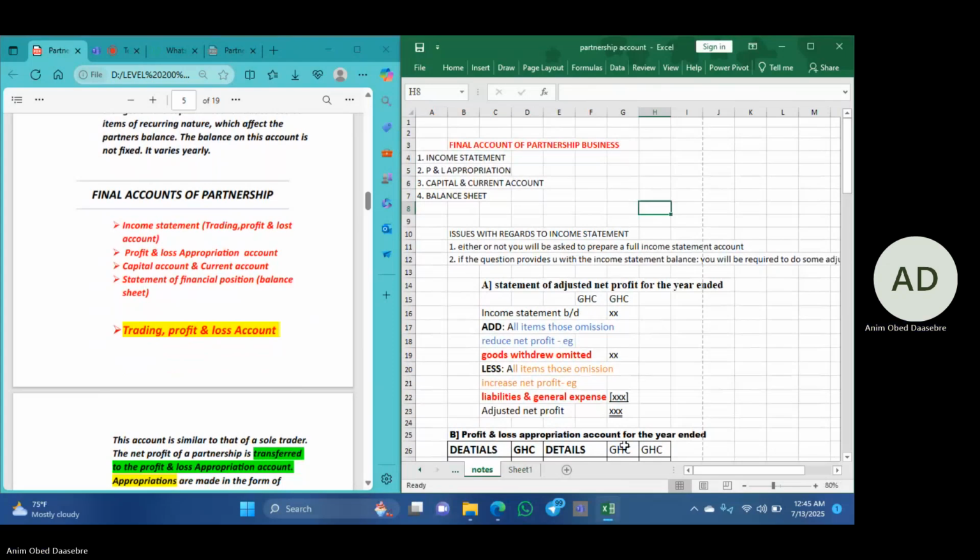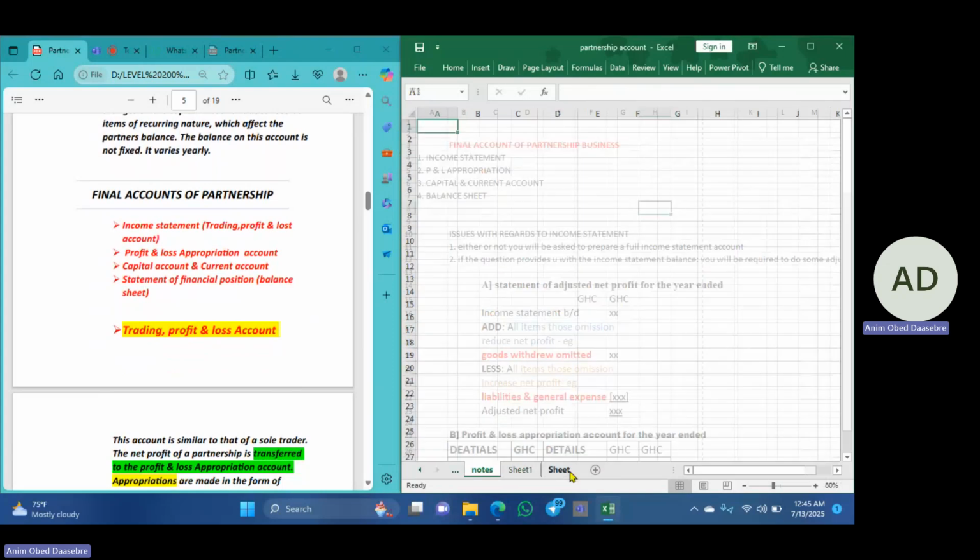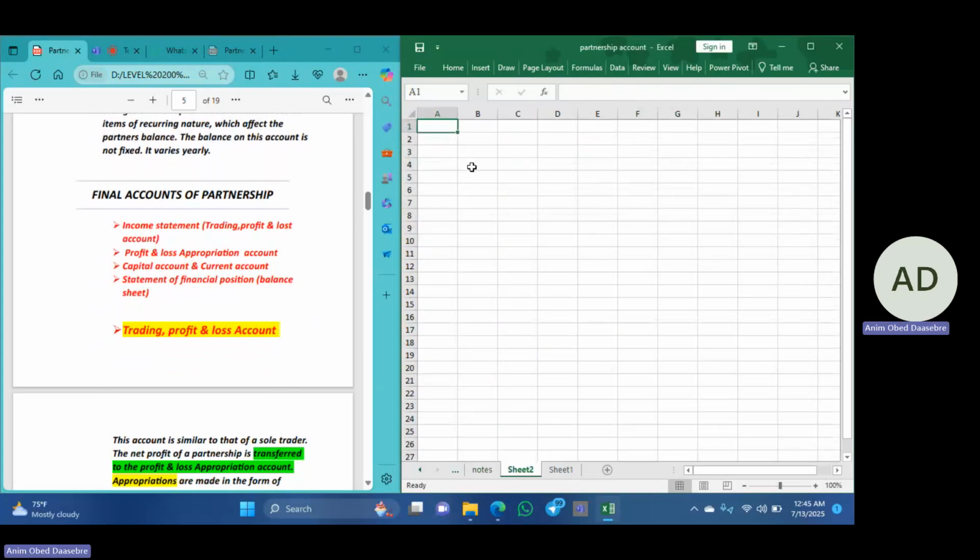So as an example, let's say the business bought 10 pens at 1 cedi each.